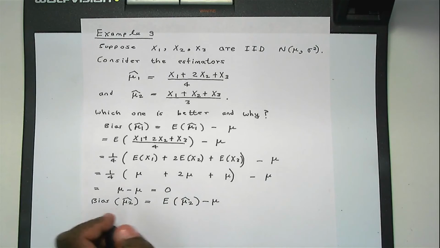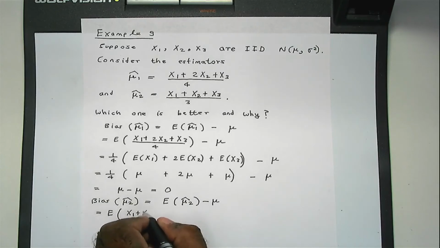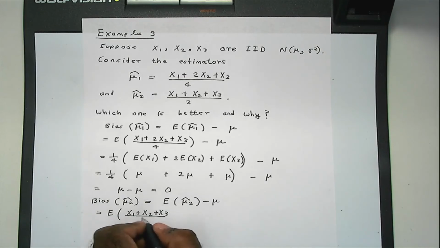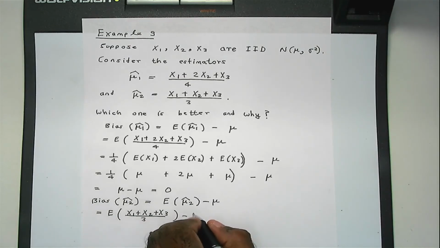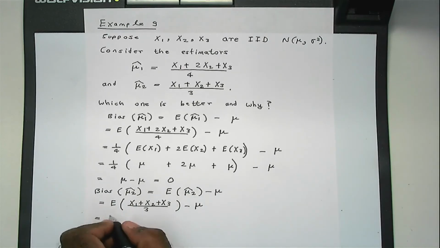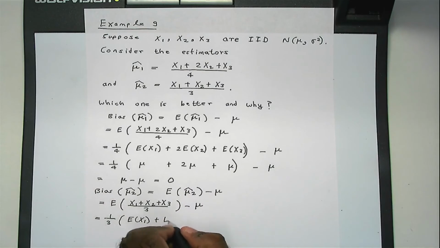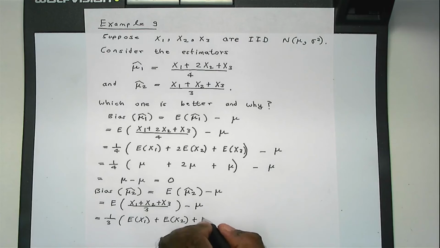So this is going to be, taking the expectation inside, a third times the expectation of x1 plus the expectation of x2 plus the expectation of x3, minus mu.